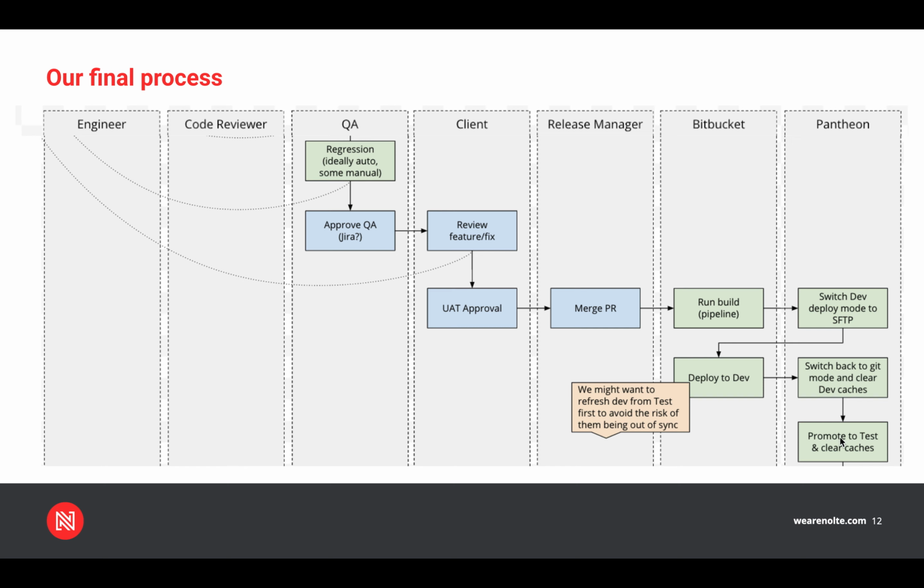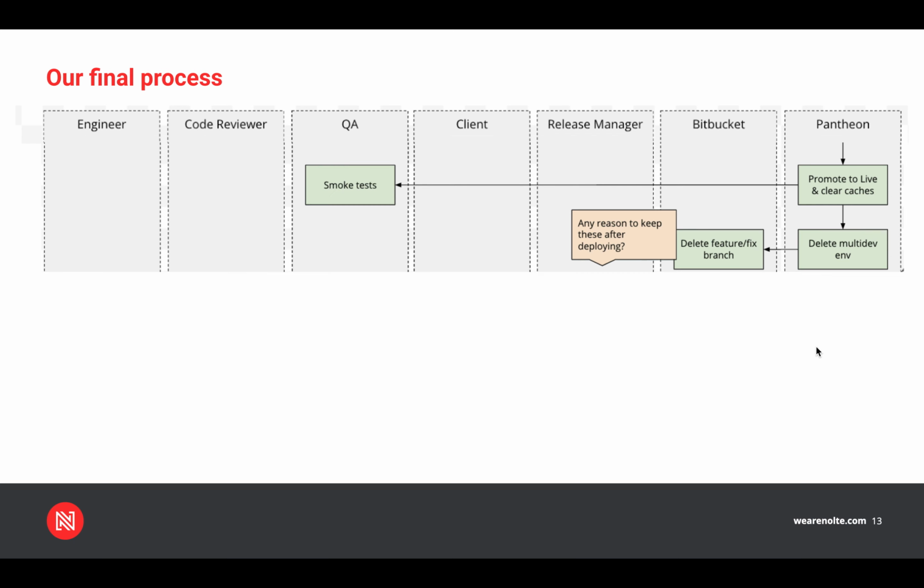Then we promote to test environment and clear caches. After that, we delete the multi-dev environment. Then Bitbucket will delete the feature or fix branch. And finally, we run some smoke tests after these final steps.